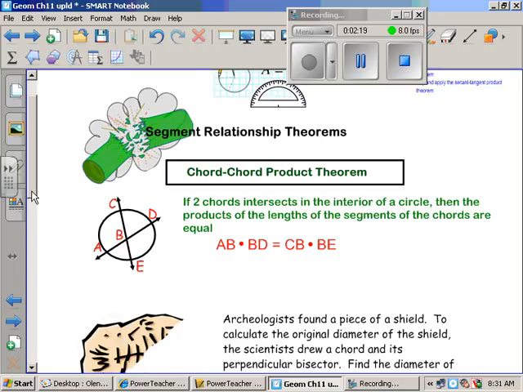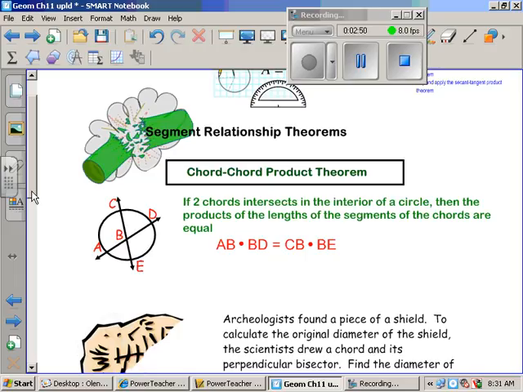Okay, the chord-chord theorem says that if you've got two chords that intersect inside the circle, then the products of the segments that are created by their intersection are equal. So in exact terms, what that says is AB times BD is equal to CB times BE.